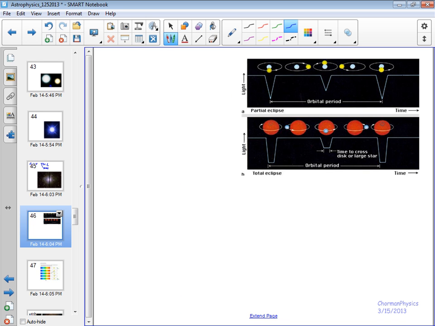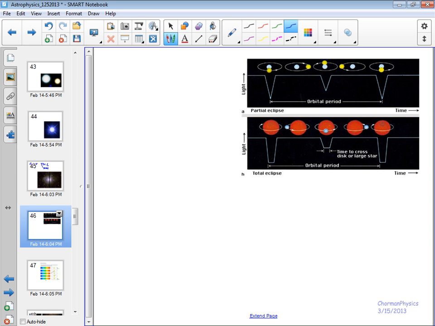We also have, as I said, binary stars. We talked about the Sirius system, A and B, being a binary system. Basically, probably most stars are part of a binary system, and they orbit each other.